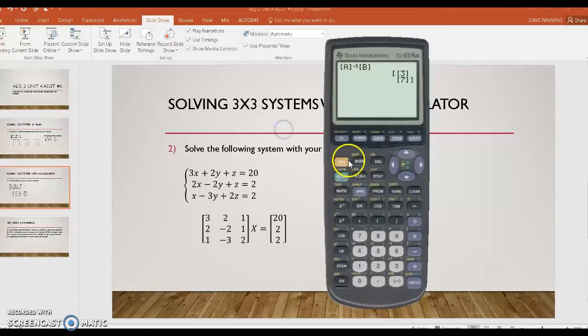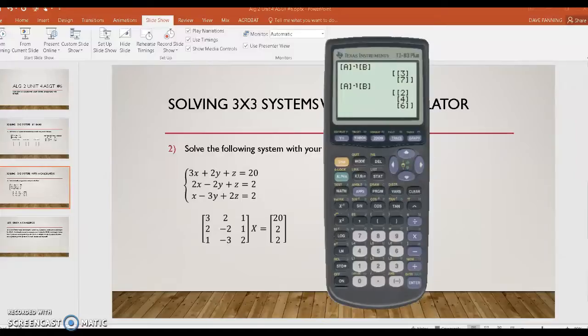Get out of this mode, and now I'm going to go to matrix A, but I want the inverse of that, so I'm going to click on inverse, and I'm going to go to matrix B. I'm going to scroll down here to B, and that gives me the answer, which is 2, 4, 6. So solving a 3 by 3 system of equations is really that easy.